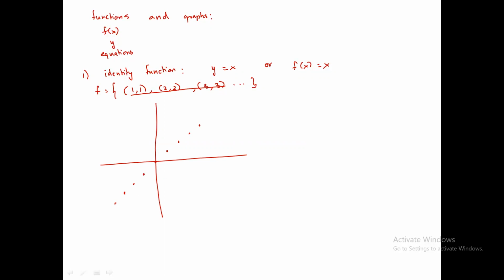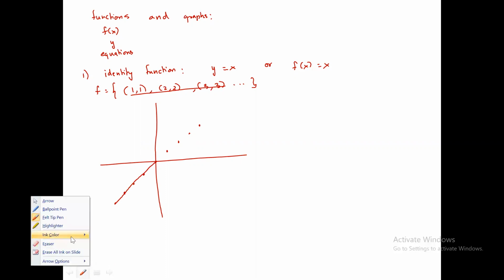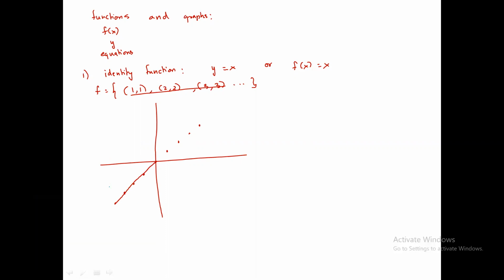It will continue. If you draw a line, I will use a different color so that you can recognize. So I will join all the points, not only these points, the line will go further up and further down. So this is the graph of the function x.